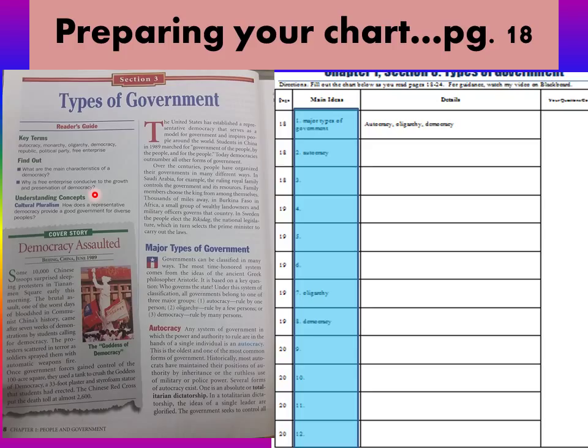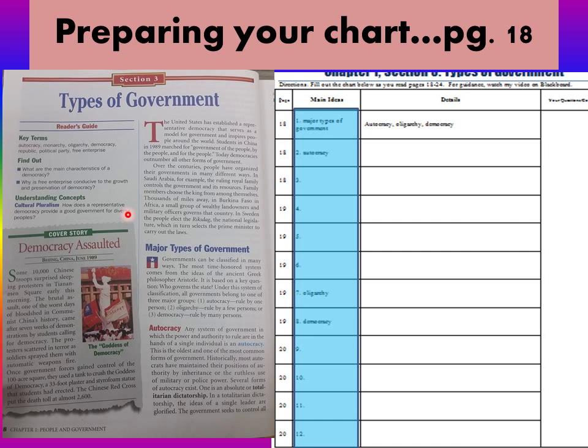Understanding concepts. Cultural pluralism. How does a representative democracy provide a good government for diverse peoples? So basically, why is it important that all races and cultures are represented? Why does that matter? So let's think about that as we go through our reading.